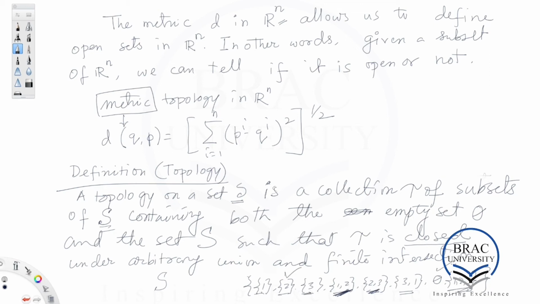Empty is here. We choose {3,1} and {1,2,3}. Of course, their intersection is {3,1} itself. It is here. And we choose {3} and {1,2}. Their intersection is empty. It is also here. So this is the general definition of a topology on a given set.